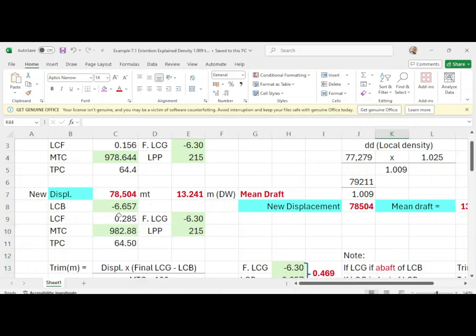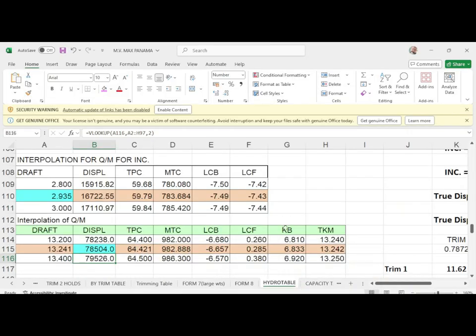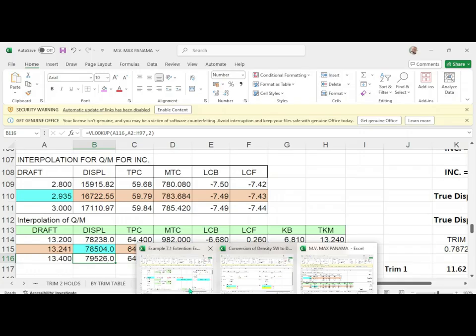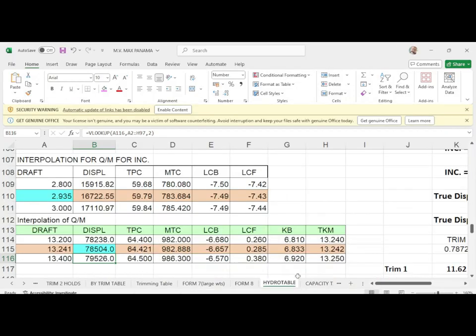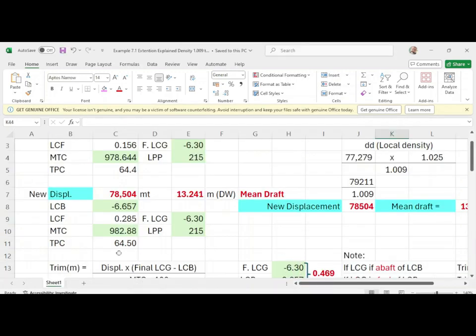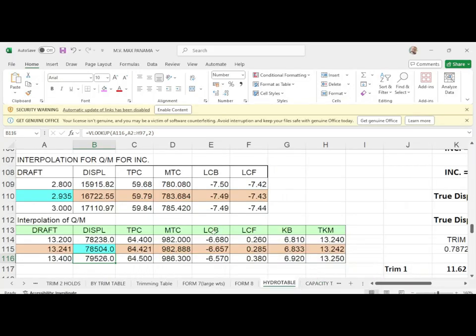LCB is negative 6.657. LCF is 0.285. And MTC is 982.88.